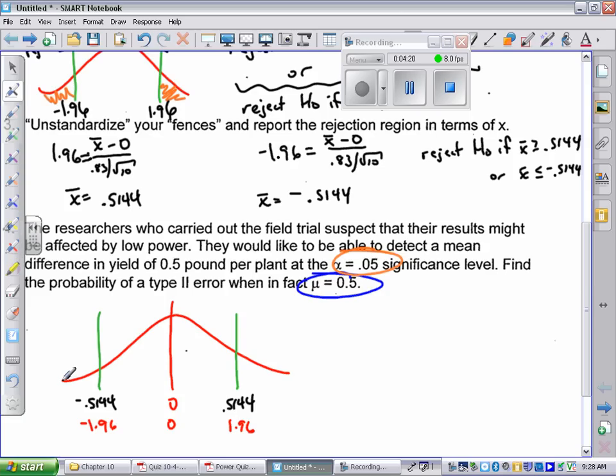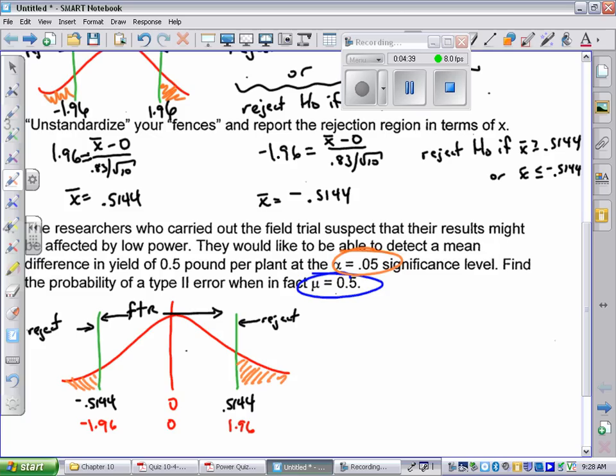I think a very important part is to actually write fail to reject in here and reject on these other parts. And I think that's important because when you draw another curve on here, the whole thing gets a little more convoluted and you get confused about what's going on where.